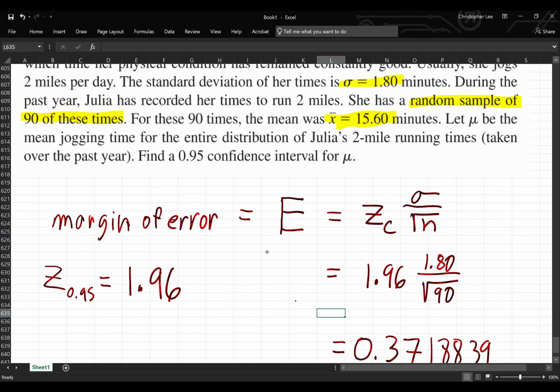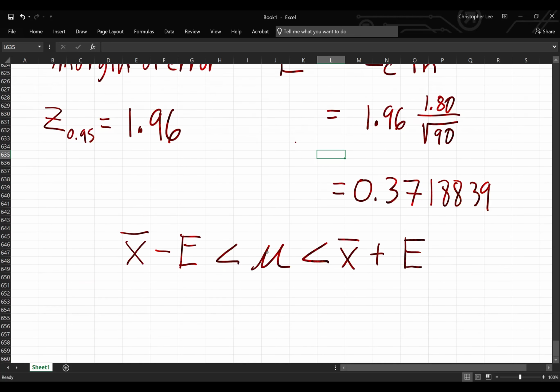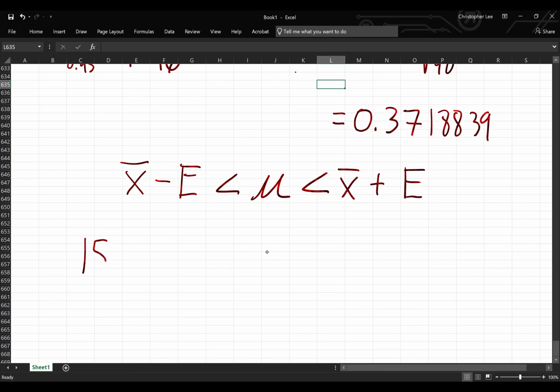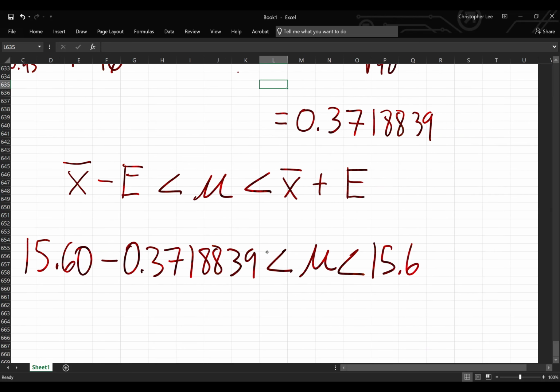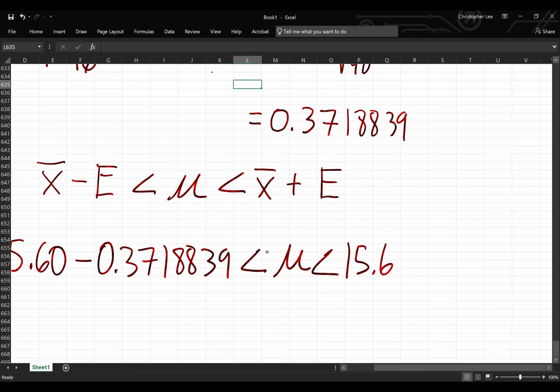So we know that our sample mean is 15.6. Just plug it in: 15.60 minus 0.3718839, whatever, less than mu, less than 15.60 plus the margin.